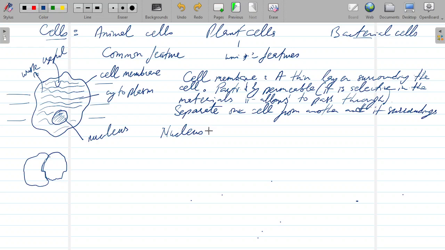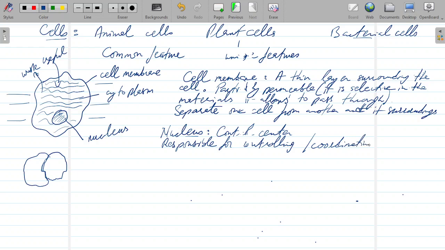Okay. The nucleus. The nucleus is sort of the control center of the cell. That's not a term that's given in the book. It is responsible for controlling or coordinating cell function.